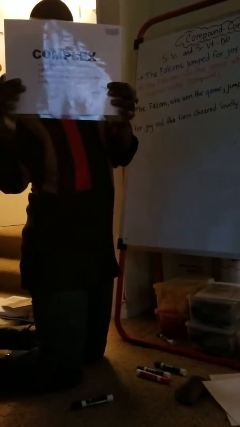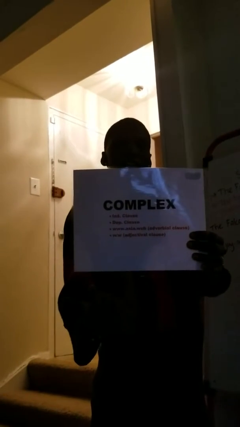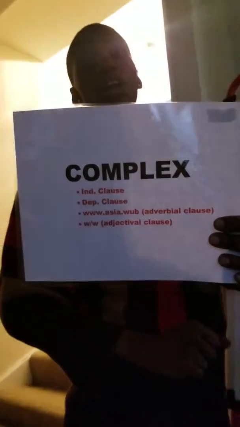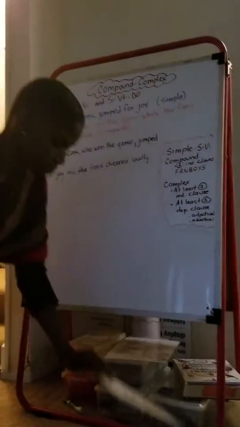Our complex sentences have at least one independent clause and one dependent clause. That dependent clause can be an adverbial clause with a www.asia.wub word or an adjectival clause with a who, which clause. So we're going to illustrate that on the board.